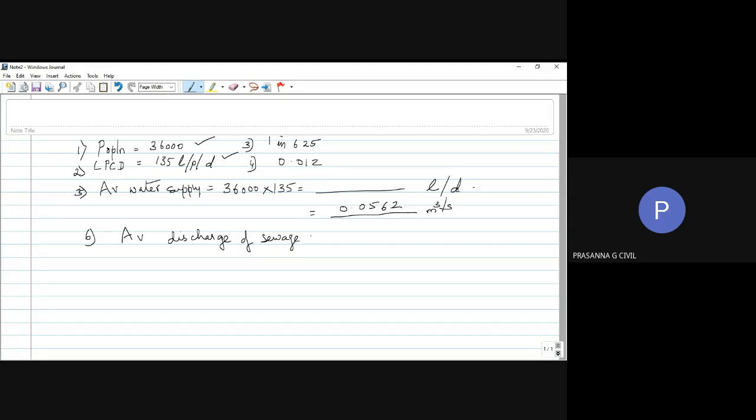How much will it be? Average discharge of sewage. If I know the water supplied, how do I know how much of dry weather flow is there?